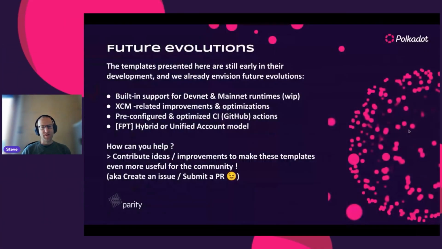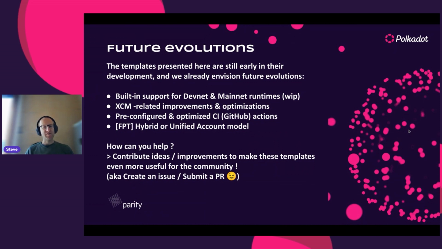Now, what we want to share also is that those templates are still very early on in their development, but we are already looking at the next iterations and the future evolutions. So as we said, we want to provide built-in support for different environments, different networks. This is already being implemented in the extended Parachain template. It will be added to the FPT as well.